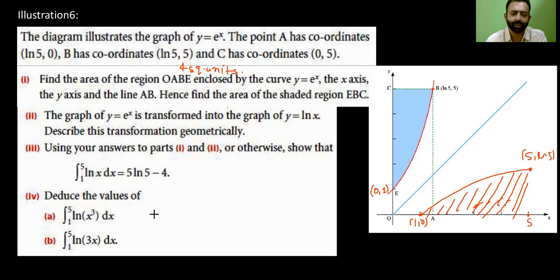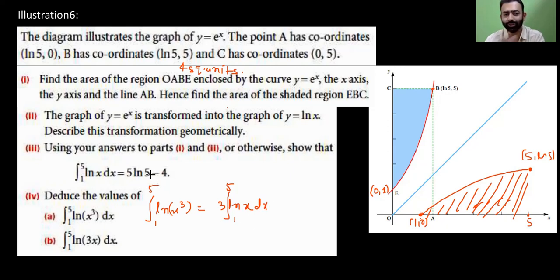Since ln x cube can be written as 3 ln x, because log of x to the power n is n log x, and here the value of n is 3. So I can write this as 3 times log x, and if you are integrating this, you can write the integral sign from 1 to 5, dx, and this value we know, which is 5 ln 5 minus 4.